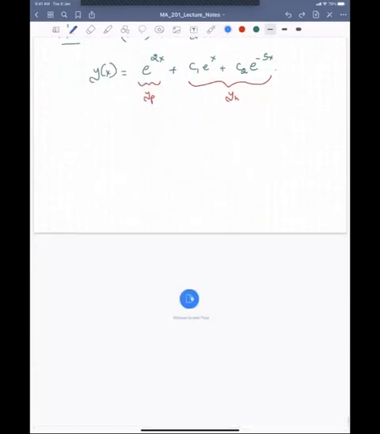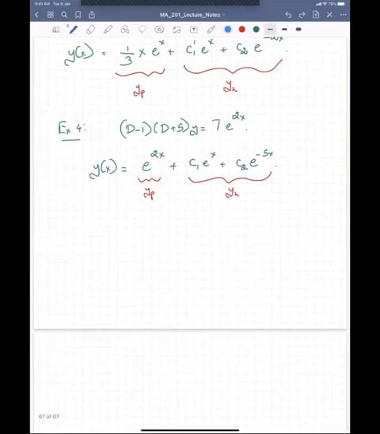Now, you could also have a case where you have a solution like, let us say, so this is not strictly an aside. This is also part of your vocabulary in this case. You could also have a situation like (D minus 1) the whole squared y is e to the x.